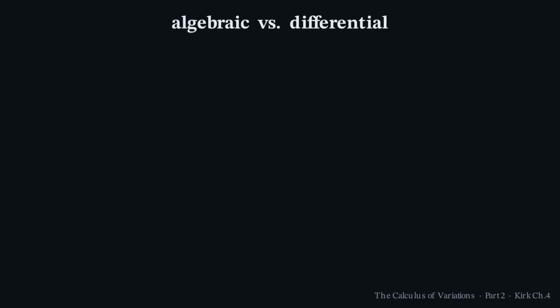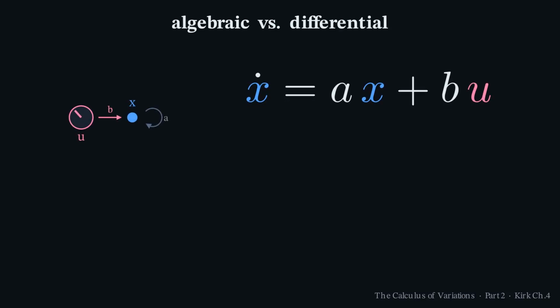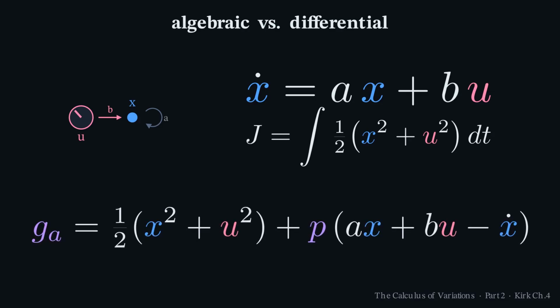Let's see exactly why some conditions are algebraic and some are differential on the smallest system there is. One state x, one control u, with dynamics x dot equals a minus x plus b minus u. A cost, the integral of 1/2 x squared plus u squared.